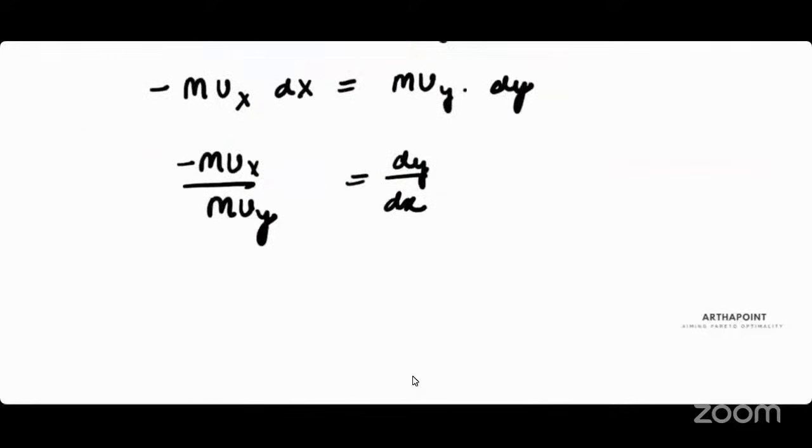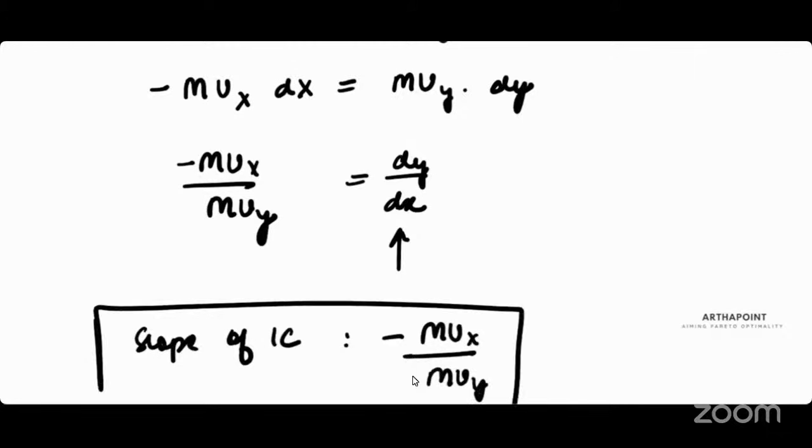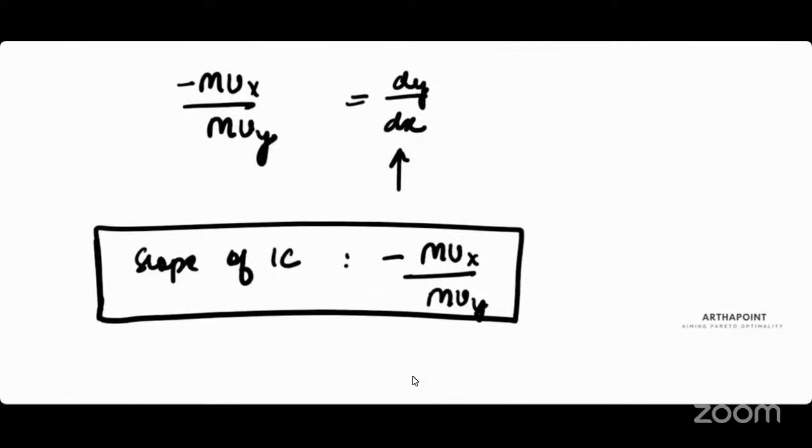And the value of the slope of the indifference curve is minus MUx by MUy. So this is the slope of the indifference curve. You must at all times remember this formula.